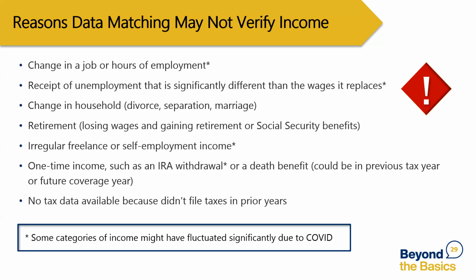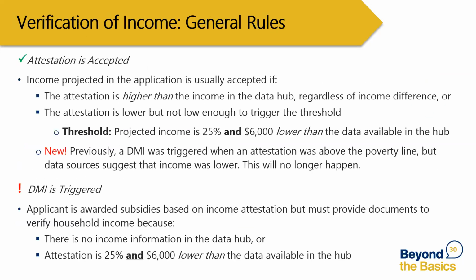A receipt of unemployment income, a change in household like divorce, separation, marriage, retirement, losing wages and gaining retirement or Social Security benefits. Freelance and self-employment income is definitely variable by year. Also, there's one-time income like an IRA withdrawal or a death benefit. And of course, there are some people who have no tax data available because they didn't file taxes in prior years. Next slide, please.